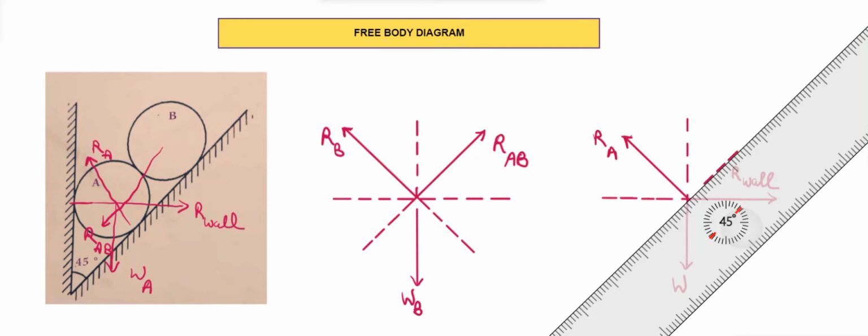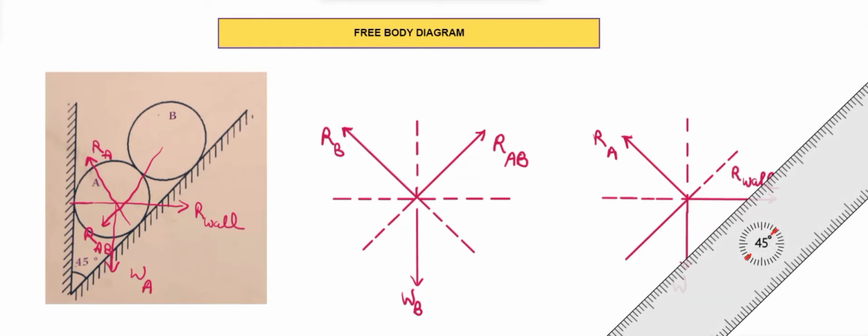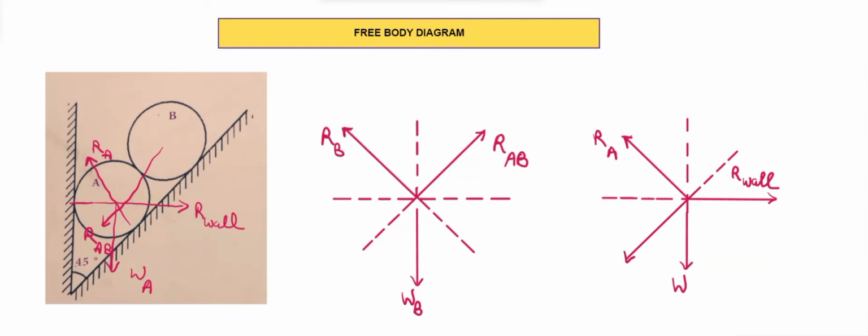Now we'll draw one more inclined line. This will represent the reaction from B, which we have called RAB, and here we'll show the angle as 45 degrees. We have completed the free body diagram of B and also the free body diagram of A.